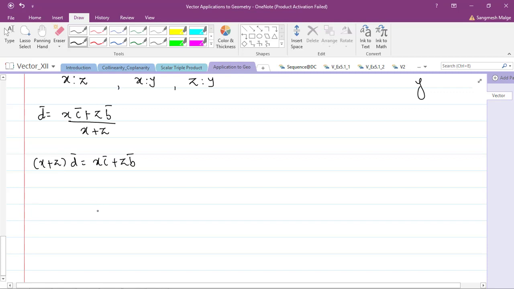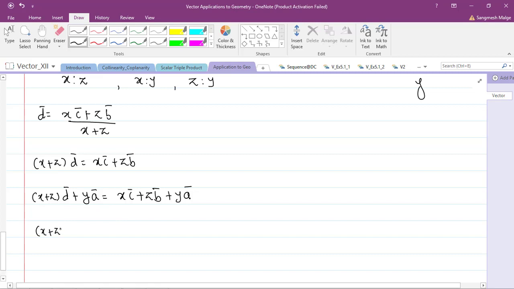Okay, now what you don't have on the RHS side is y A bar. So let's add y A bar on both sides. So x plus z into D bar plus y A bar is equal to x C bar plus z B bar plus y A bar on both sides. Is this okay? Now let's divide on both sides by x plus y plus z.